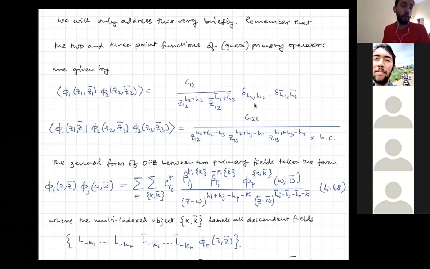But the program holds irrespective of whether you are in d equal to 2 or higher.